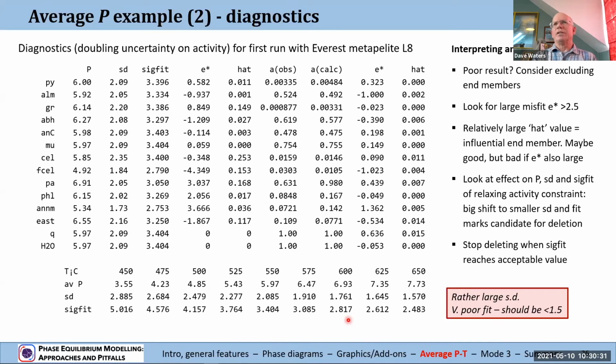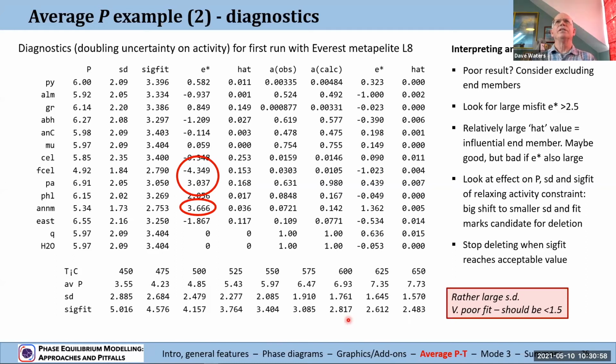And this rather ingenious matrix of diagnostics is something Roger Powell devised, and it looks very daunting to start with, but you can find your way around it by, first of all, looking for large values of this misfit parameter, and there are 3 candidates that come up here that look on the big side and might want to look at. There's ferroceladonite and paragonite and annite.